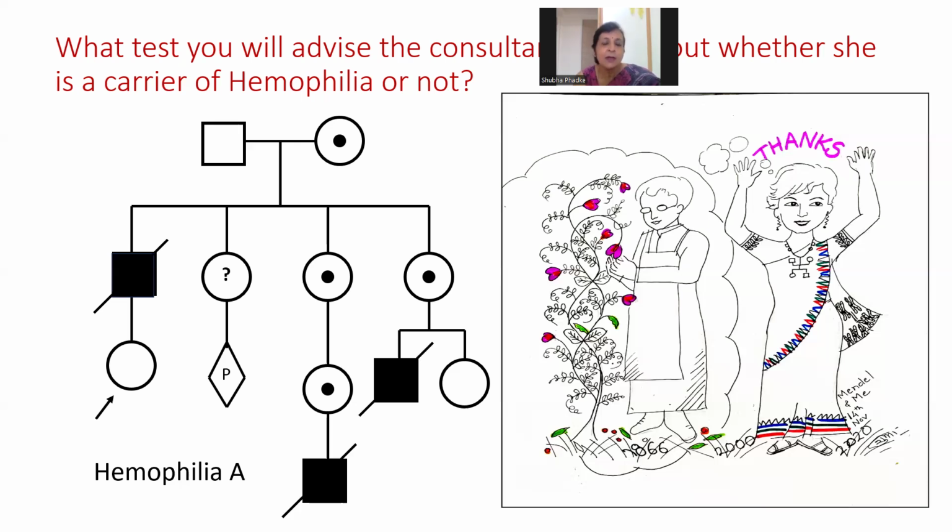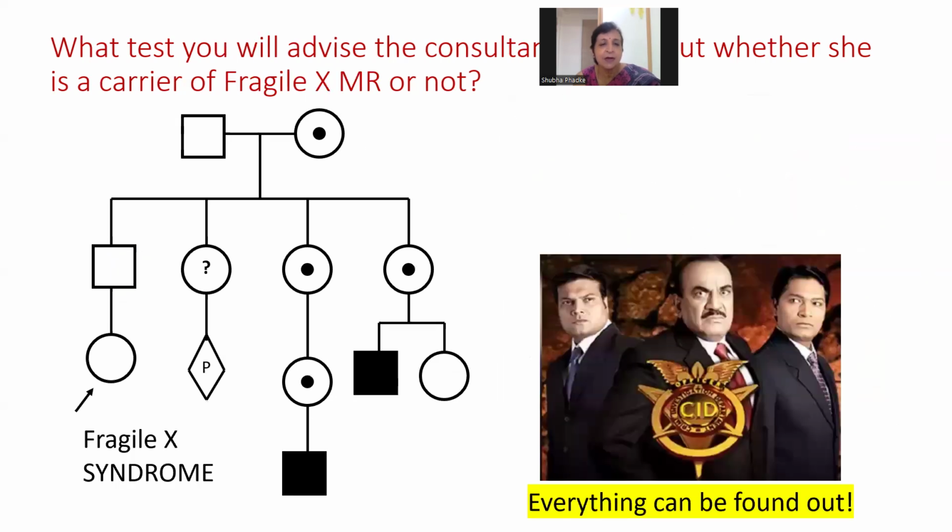Now going to the other type of X-linked disorder. So this is Fragile X syndrome. And here again the father is unaffected and the daughter wants to know how to get a Fragile X screening test done, because she doesn't want a child with Fragile X syndrome. So in this case, though the father is unaffected, the genetics of Fragile X syndrome is a little different.